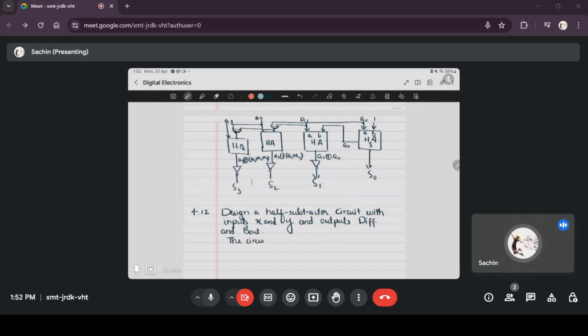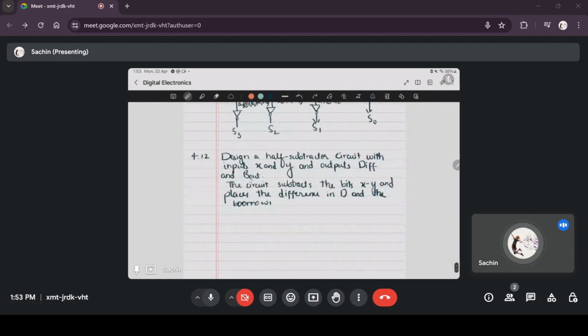The circuit subtracts the bits x minus y and places the difference in D and the borrow in B out.